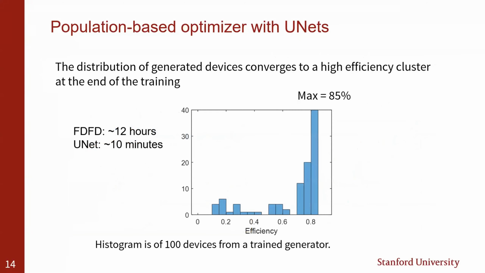So here, with UNet as the solver, we perform this population-based optimization, which takes only about 10 minutes. By contrast, an FDFD solver takes about half a day. And in the histogram, you can see here that after 200 iterations with a batch size of 100, the distribution of generated devices converges to a high efficiency cluster at around 80 to 85%.